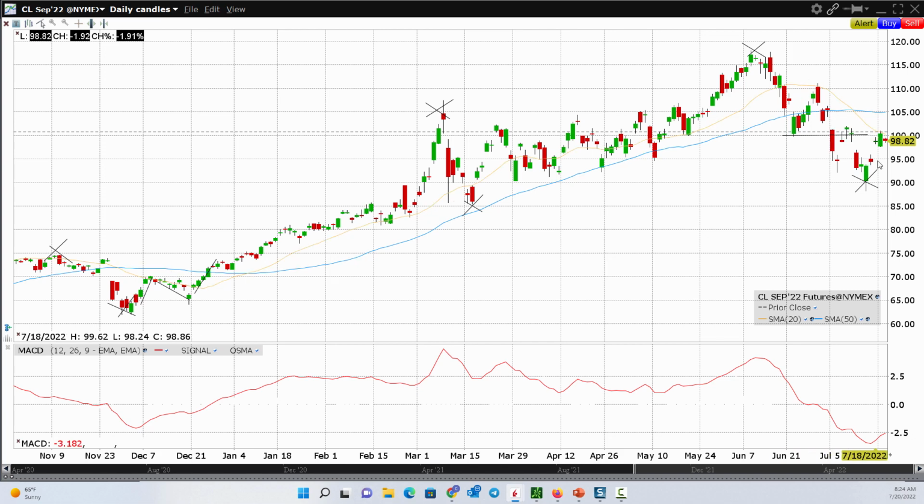We're in a short-term downtrend, but I think you can still argue that the long-term trend for oil has been working its way upward, and now we're in kind of a questionable phase. Does the bull market reemerge, or do we start to make lower highs and lows in those intermediate pivots? And I don't know that we have the answer to that yet.